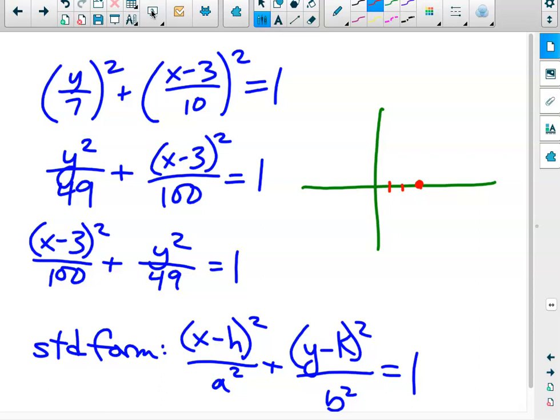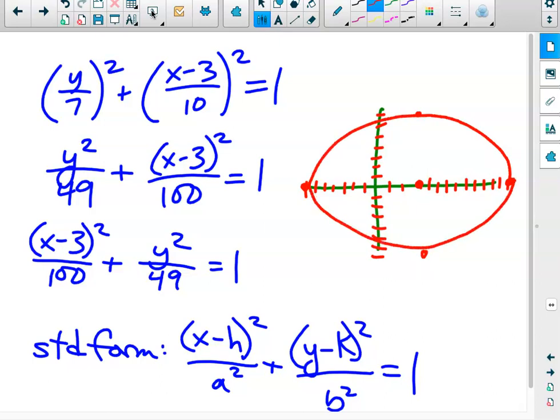It's the number under the x. So 1, 2, 3, 4, 5, 6, 7, 8, 9, 10. Put a dot. How far up and down? 7. 1, 2, 3, 4, 5, 6, 7. And then there's my ellipse, pretend that's a good ellipse, right?